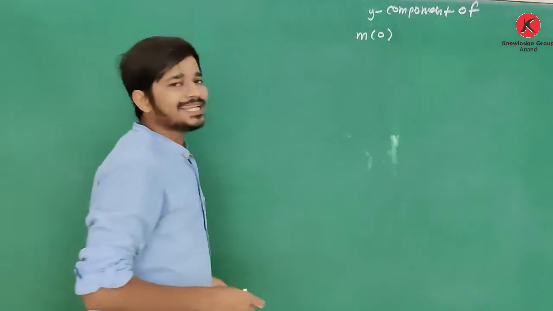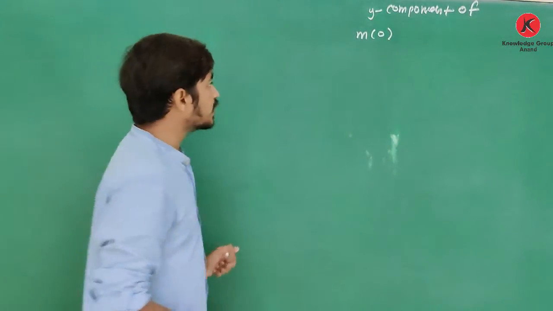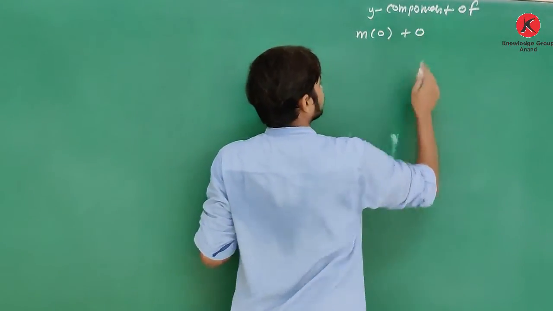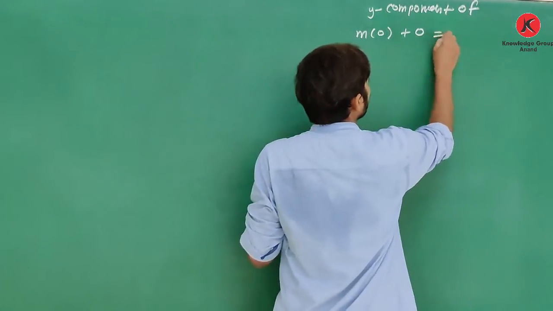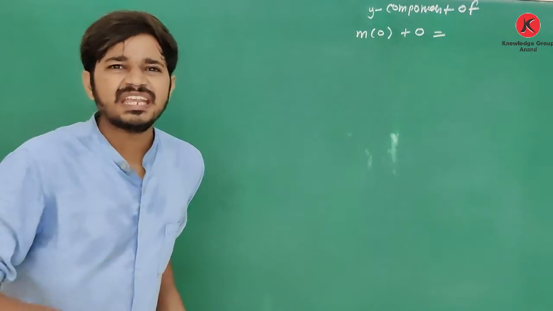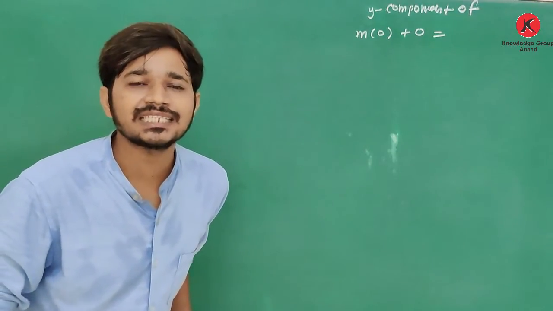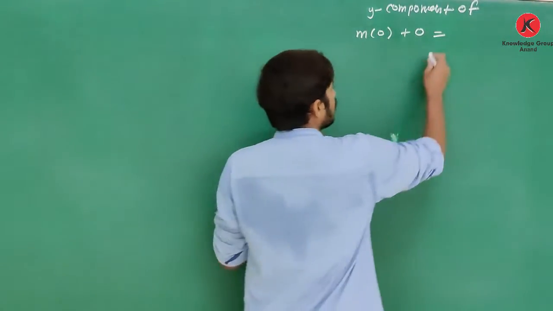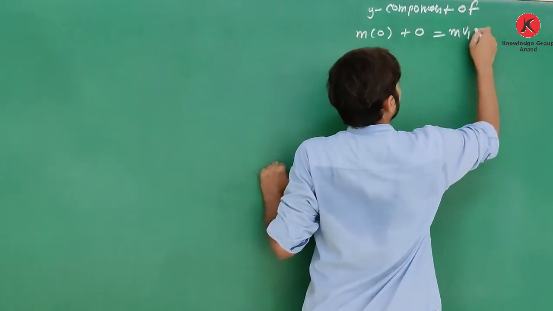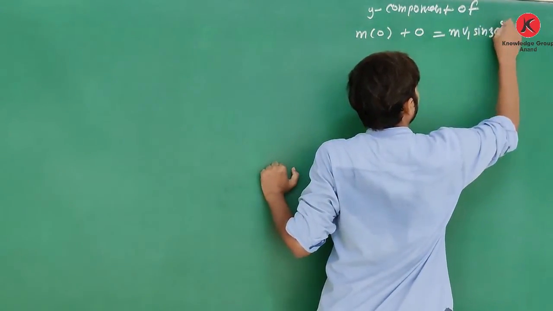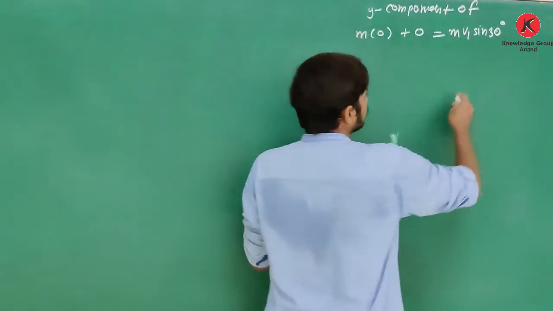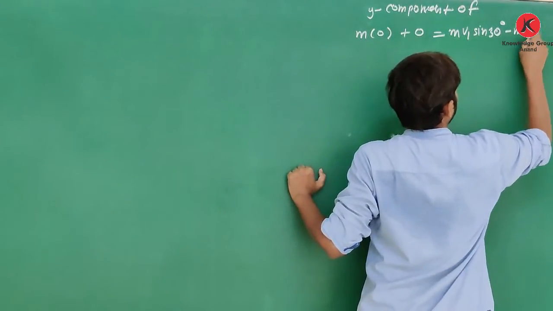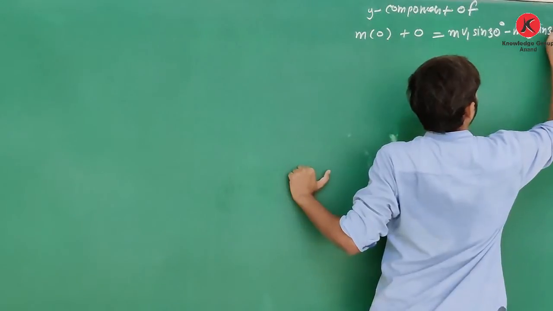Yes, m u1, it is already on the x-axis, so its y component is 0. The second object is stationary, so its momentum is 0. This is equal to, in the figure, v1 sin 30 is in the upward direction, so it is m v1 sin 30, while v2 sin 30 is in the downward direction, so it is minus m v2 sin 30.